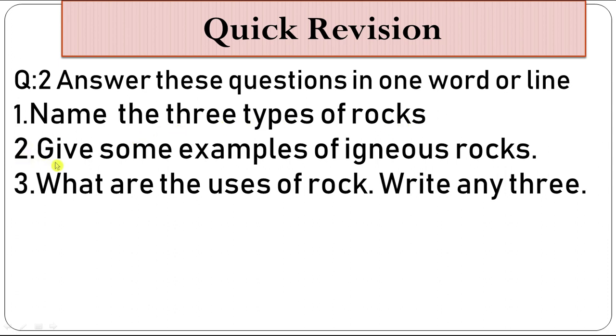Second question: give some examples of igneous rocks. You have to give at least 2 examples of igneous rocks. Next question: what are the uses of rocks? You have to tell any 3 uses in our daily life.